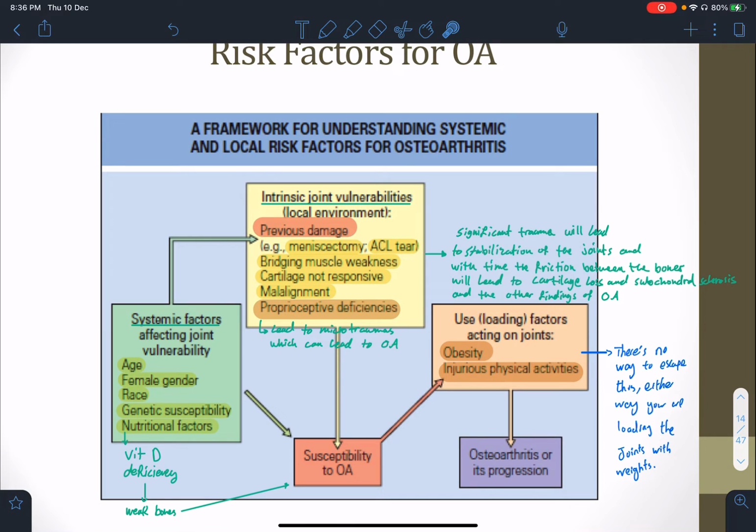Vitamin D is essential for bone and mineral formation and calcium.